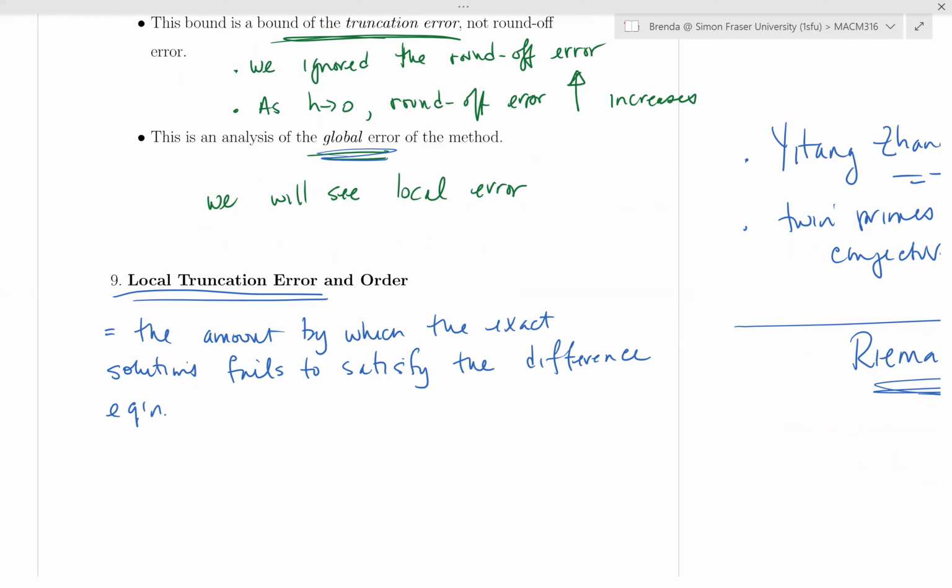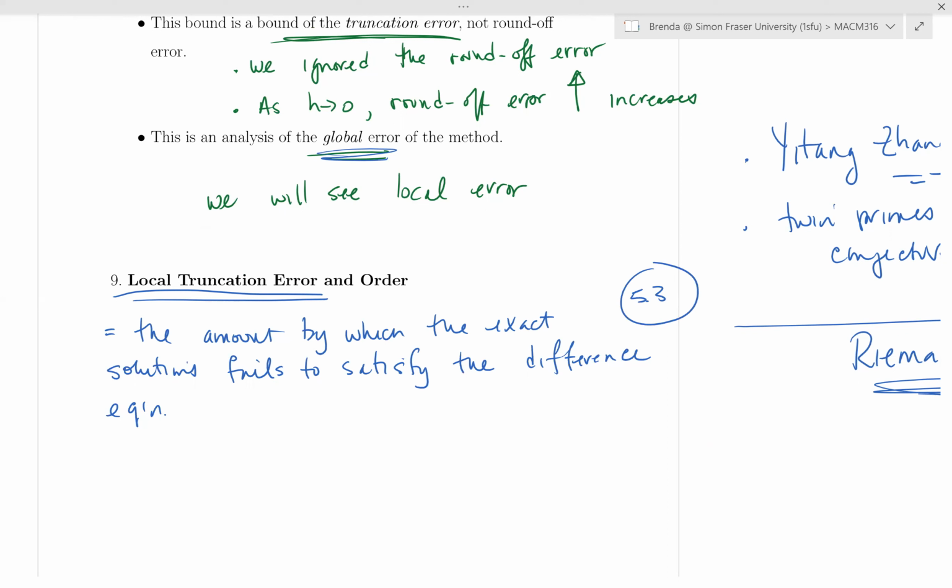We have a method of making an approximation, and we ask by how much the exact solution fails to satisfy it. This is in section 5.3 of the textbook.